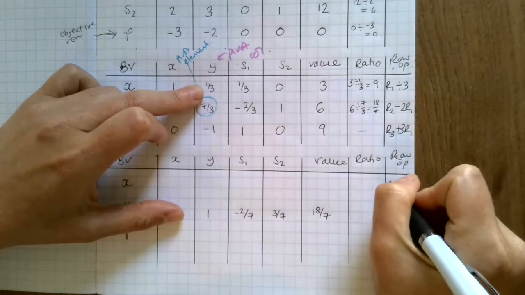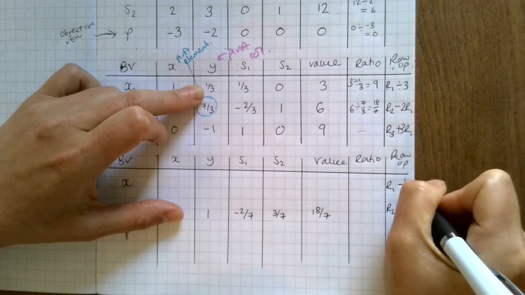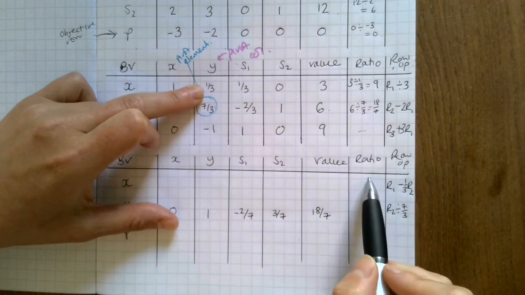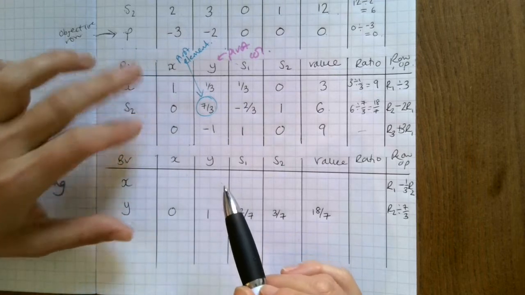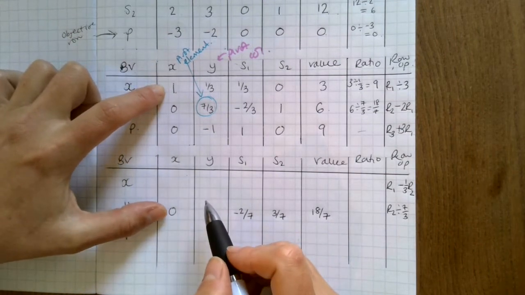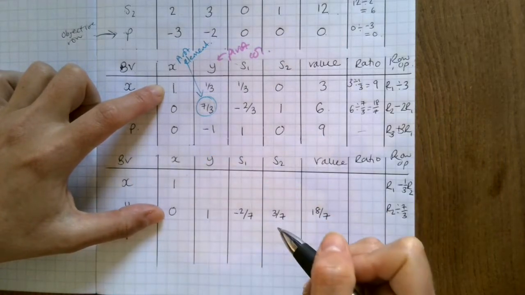So it's row 1, take away 1/3 of row 2. So it's a bit squashed in there. So I'm going to do that for the whole thing. So this is where the 2 fingers come in again. That, take away 1/3 of that is 1.